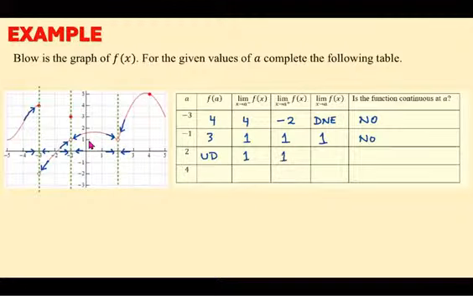So the left-hand limit is 1, the right-hand limit is 1. Since these two are equal, the limit exists and it is equal to 1. But what you see here is the limit of the function is 1, but the value of the function is not there. For the function to be continuous, the value of the limit and value of the function should be the same. In this case, we don't have that. So the function is not continuous. No, it is not continuous.